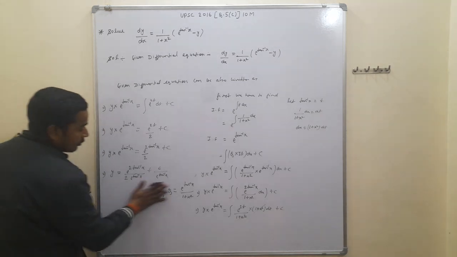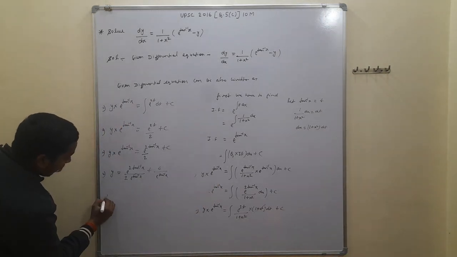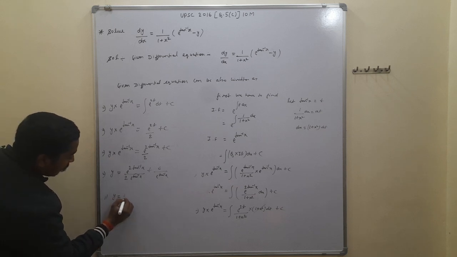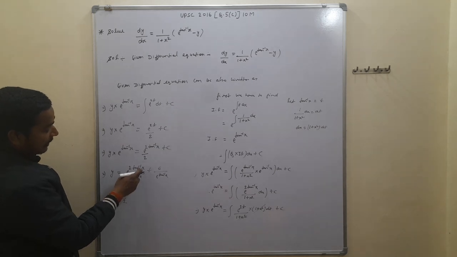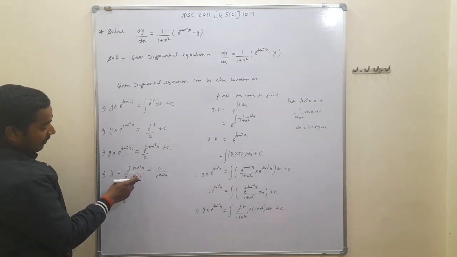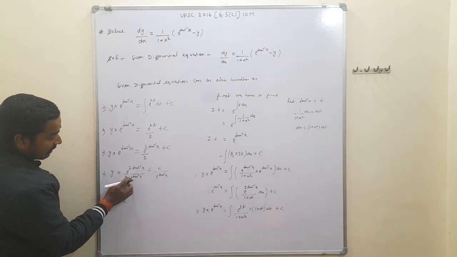And further we have to solve. We can also write here y is equal to, taking 1 by 2 as constant here, and e to the power of tan inverse x is taken into the numerator, sorry. This gives e to the power of minus tan inverse x.